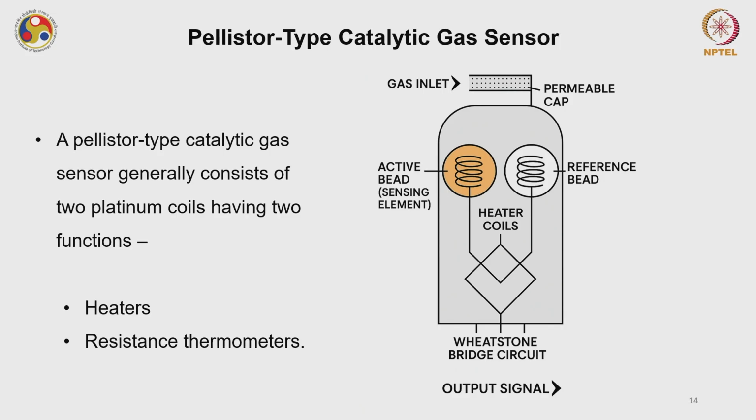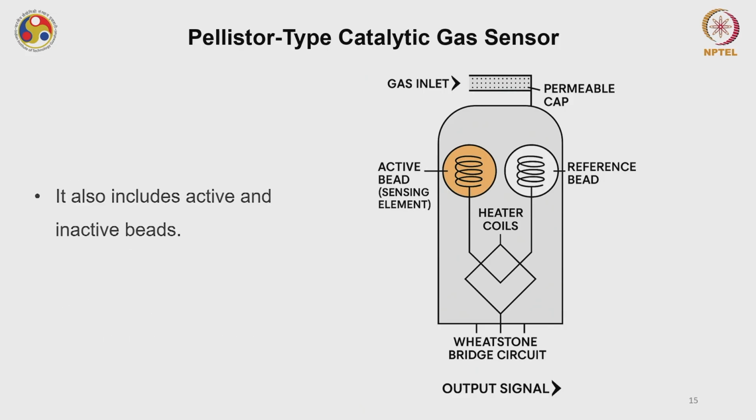So these two coils of platinum act as both heaters as well as resistance thermometers. This kind of pellistor device includes two beads. One is the active bead, which I am calling the sensing element, and there is another bead which I am calling a reference bead or an inactive bead.